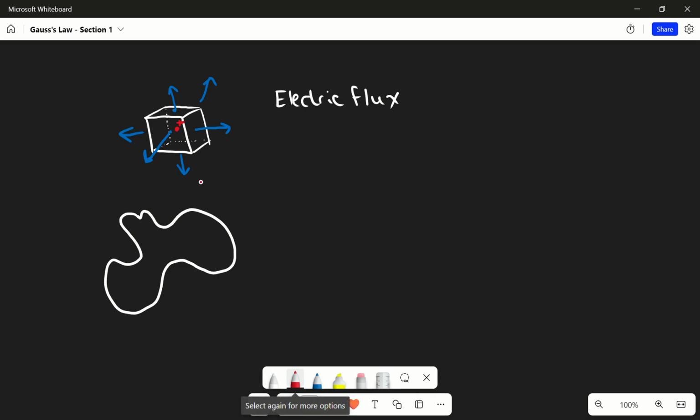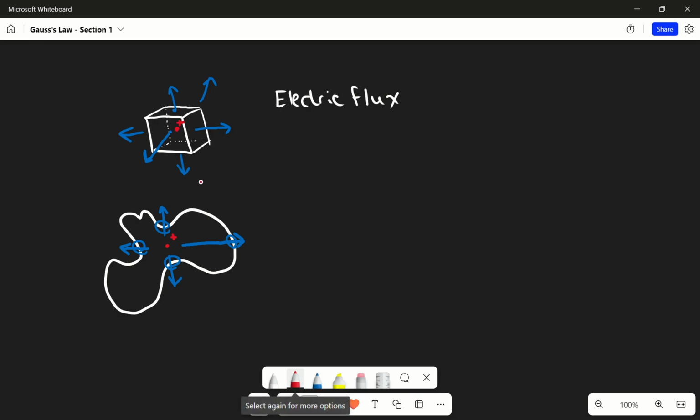Now, once again, if we have some sort of positive charge that is encompassed by this surface, then we know that electric field is going to flow out through the surface. It's going to exit, and there's going to be what we call positive flux. Whenever something is leaving the surface, flowing out, that is when flux is positive.